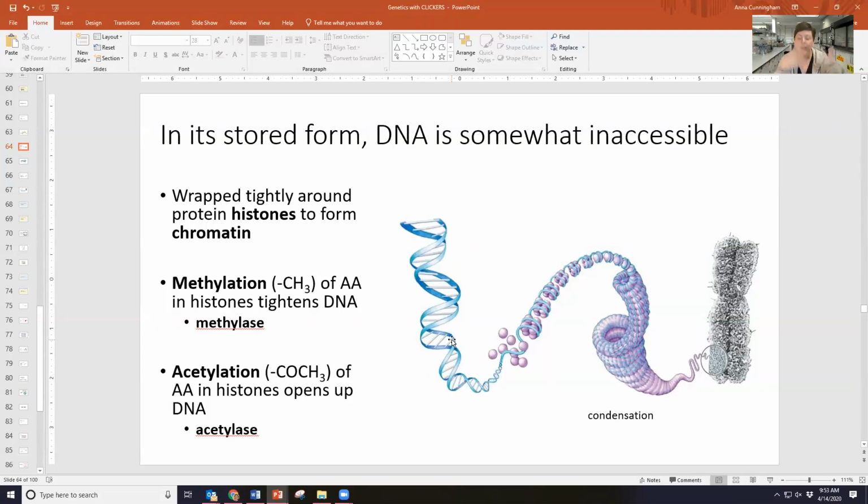And that's because a cell can only be active transcriptionally when DNA is not completely condensed, right? If we condense our DNA into chromosomes, which happens during prophase, we only enter prophase if we are actively going to duplicate.